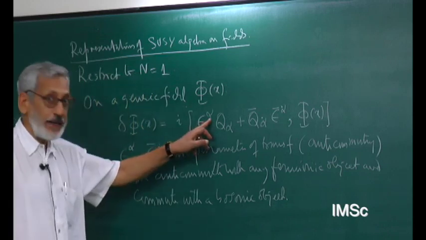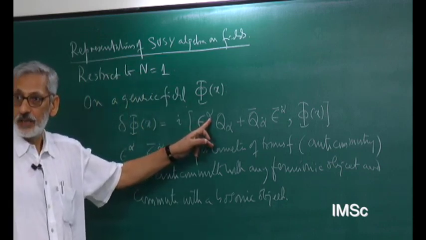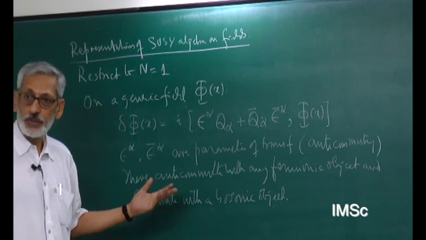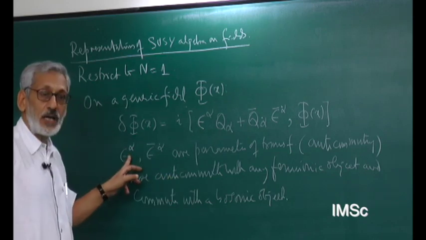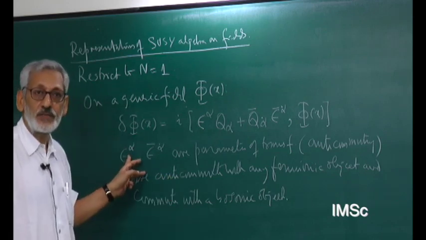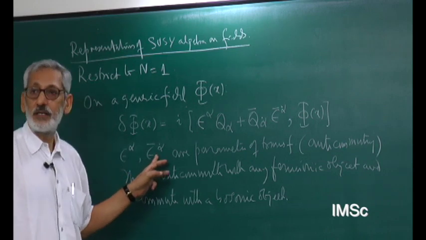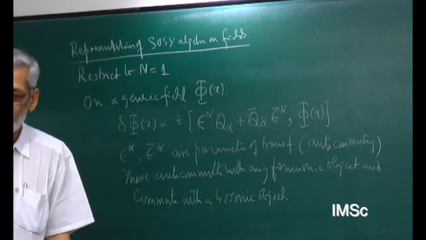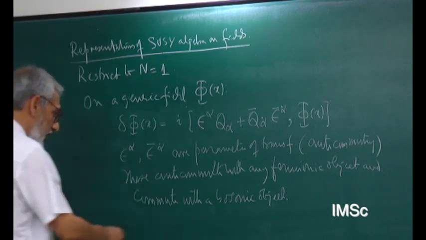Since we have given a spinor index alpha, they also transform under Lorentz transformation. Epsilon alpha transforms as the (half, zero) representation, epsilon bar as the (zero, half) representation. And what do we mean by anti-commute?